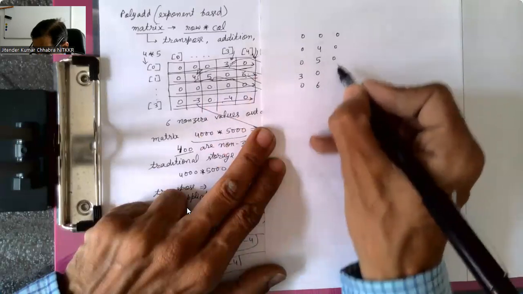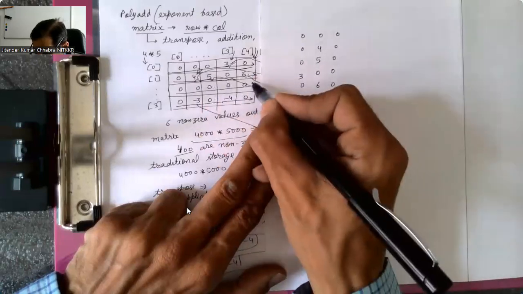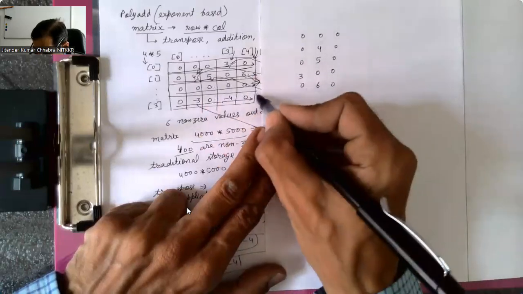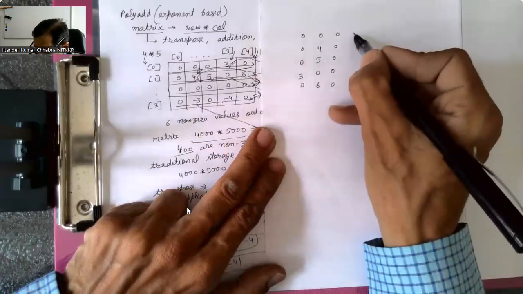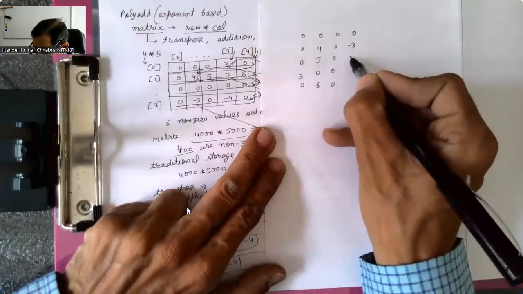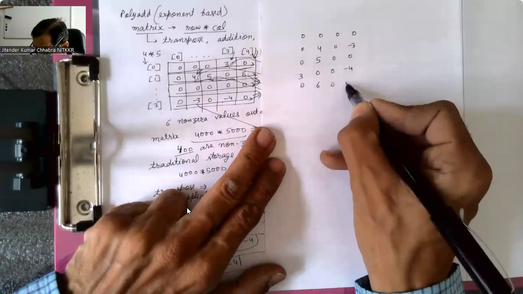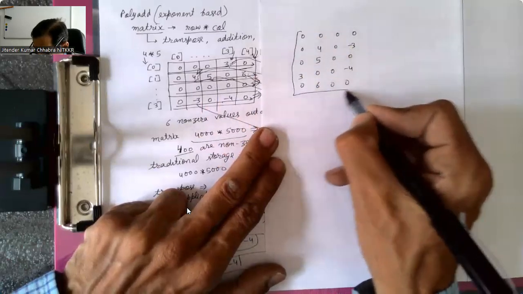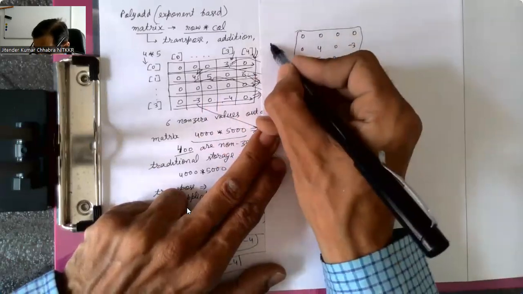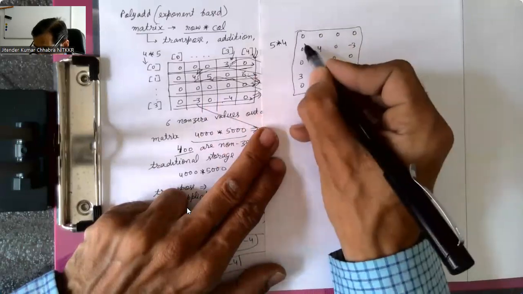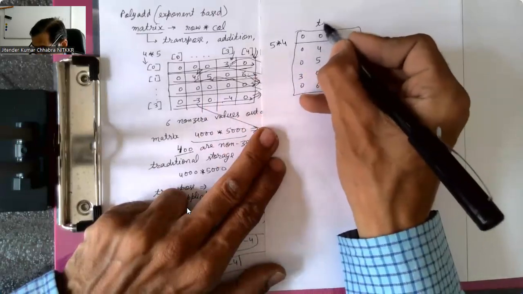Then 0, 0, 0, 0, 0. Then coming to the last row, 0, -3, 0, -4, 0. This will become a 5 by 4 matrix after transpose.